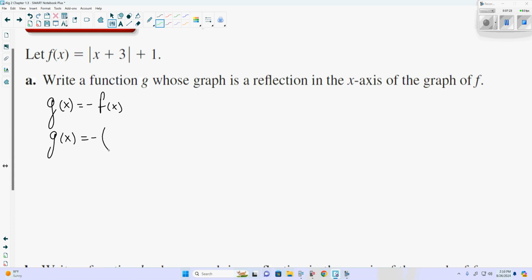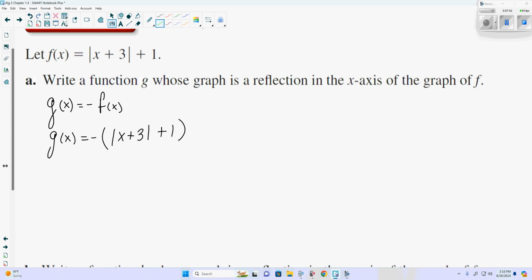Now we still have f of x. We just have a negative in front of it, yes? So all we need to do is replace f of x with its function. Well, f of x is the absolute value of x plus 3 plus 1.